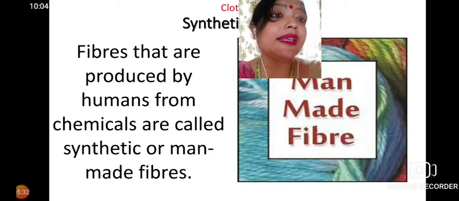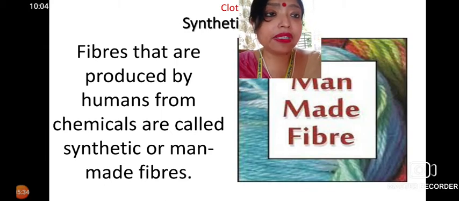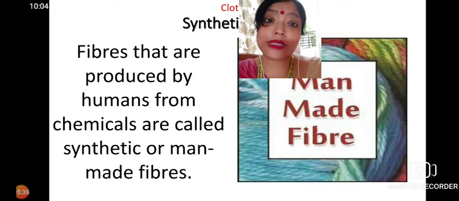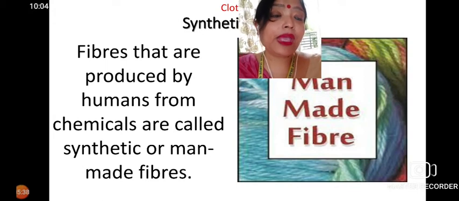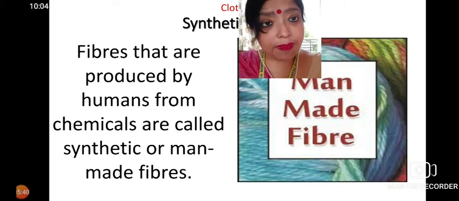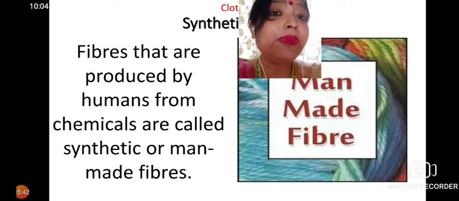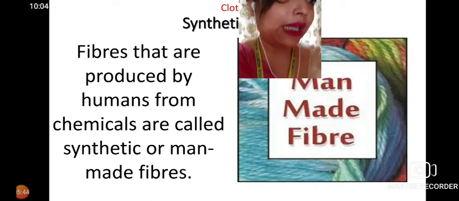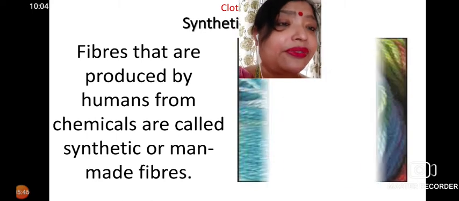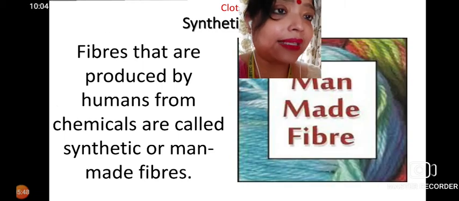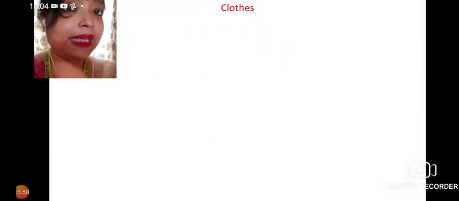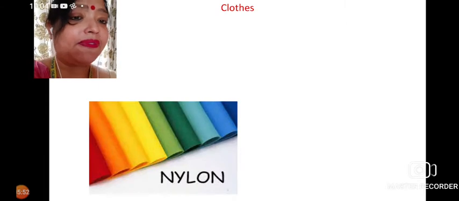If you think the man-made fiber could be obtained at home, it is not possible. We have to use different types of chemicals to make the synthetic fibers, so they are produced in the factories. As they are produced by man, they are called man-made fibers.